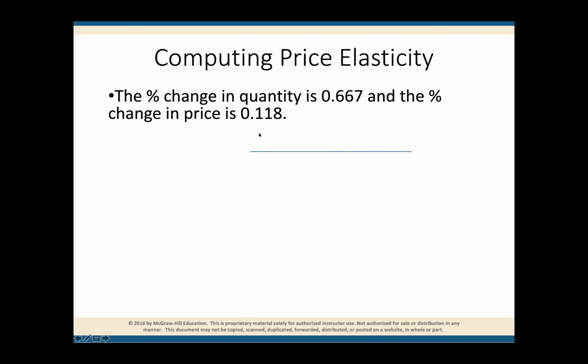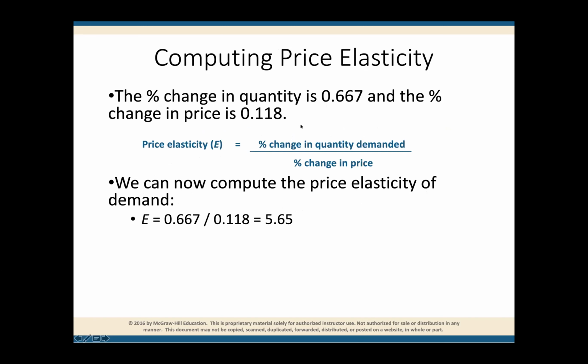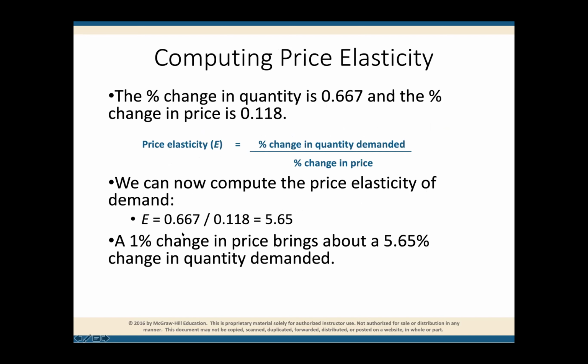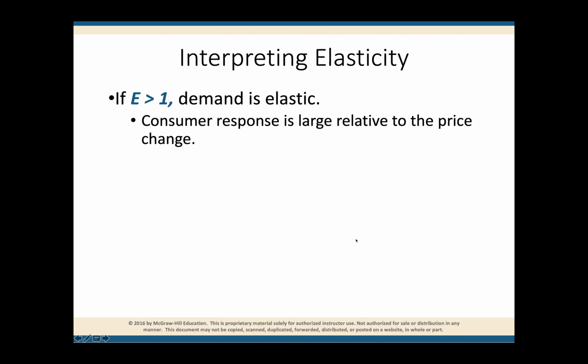So if the change in quantity is 0.66 and the change in price is 0.11, as you can see in this case, the elasticity is 5.65, which simply means it was a very high response, very high elasticity. Because a 1% change in the price brings almost a 6% change in the quantity demanded.